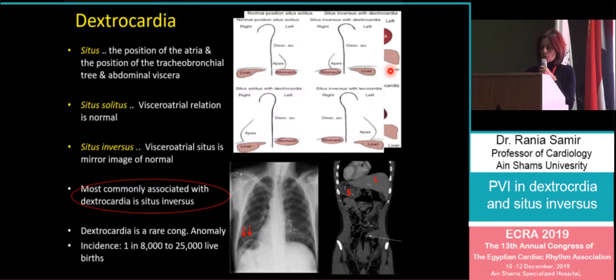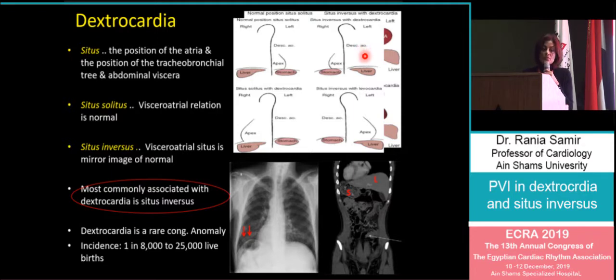Also, the ascending aorta, the aortic arch, together with the descending aorta, their position goes with the situs. In normal situs, the descending aorta and the arch are left-sided, while in situs inversus they have a right-sided position. In dextrocardia, the most common association is situs inversus.